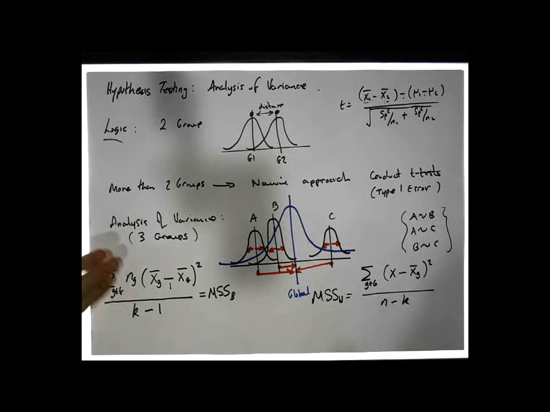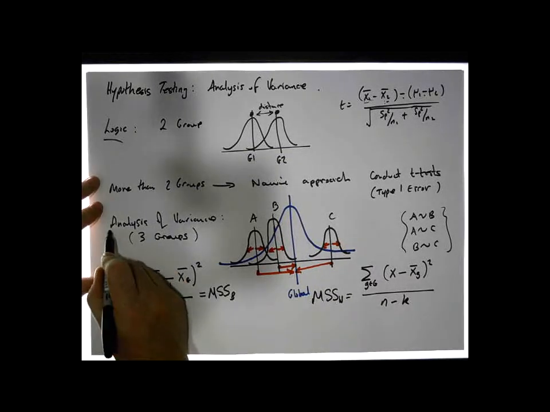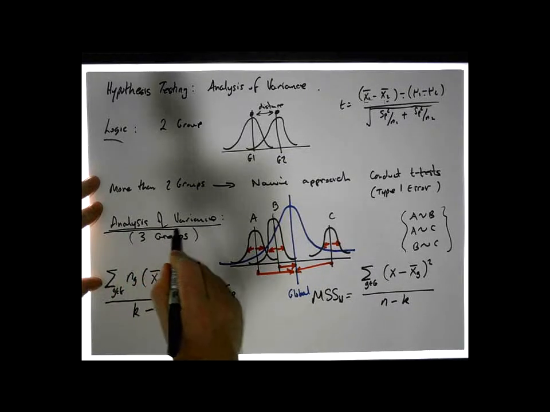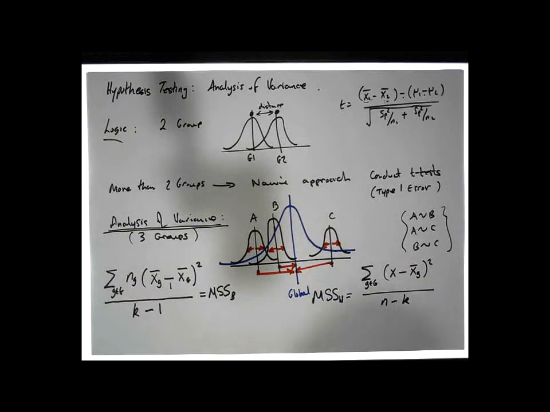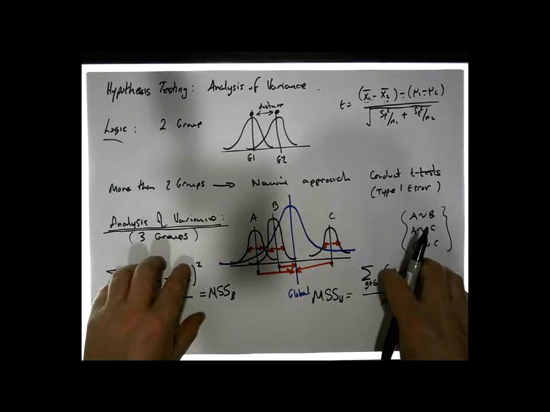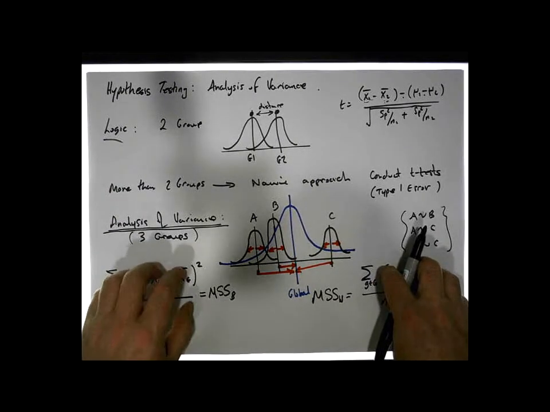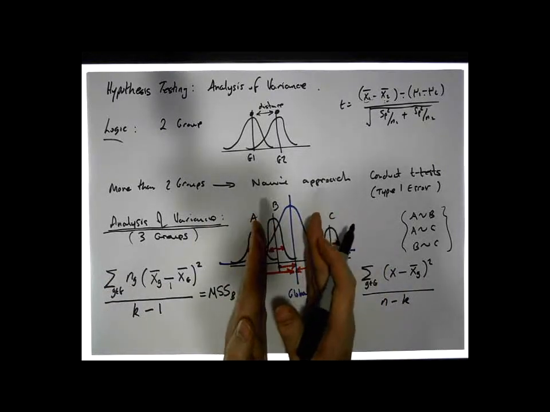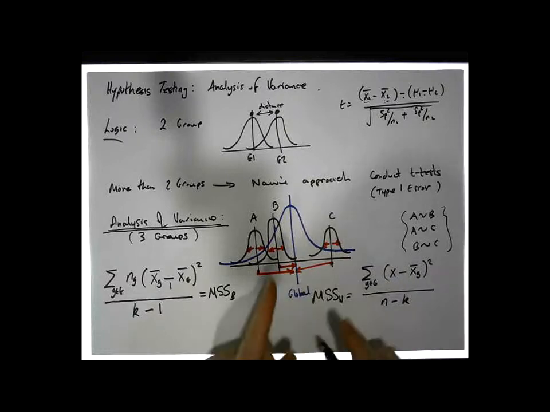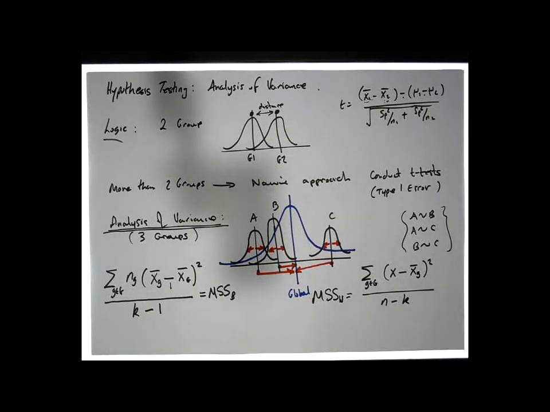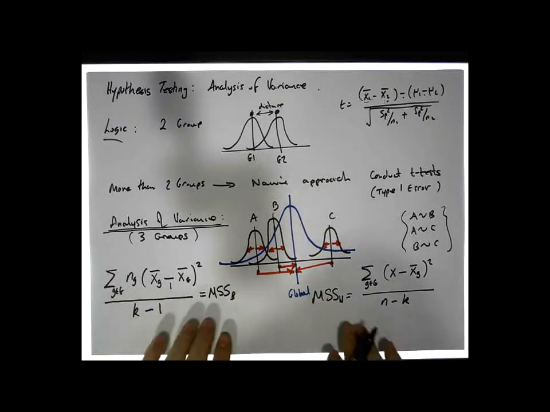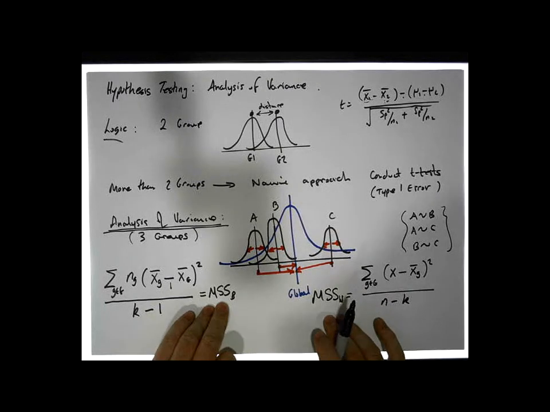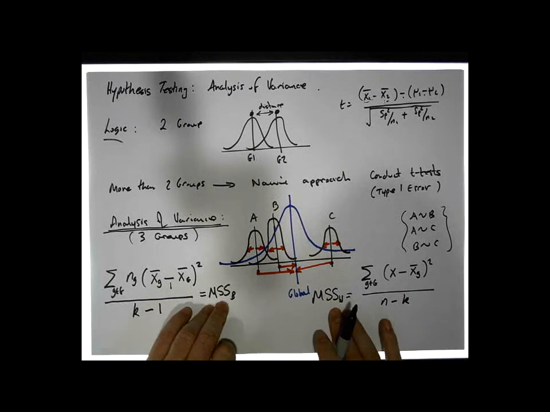So with respect to this analysis of variance, what it now basically boils down to is two measures: one measure of how far the distributions are apart on average, and another measure of how skinny on average the distributions are. Which now allows us to bring these two values together to create a ratio.